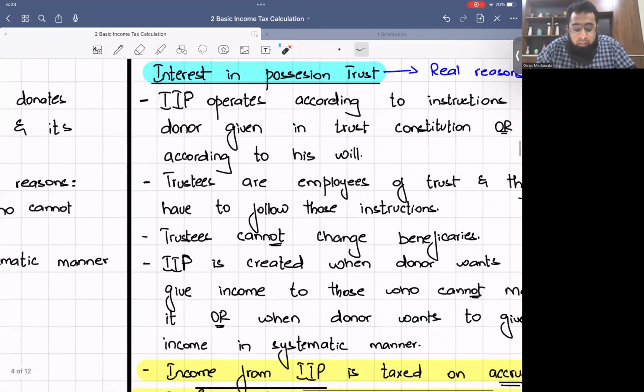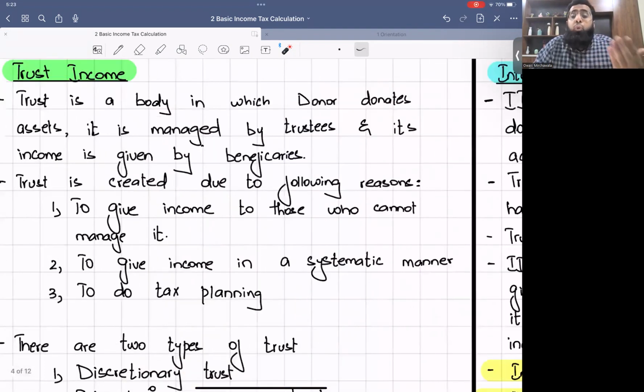So there are three reasons: to give income to those who cannot manage it, like for example, small children in the family, or if you think that your family will not be able to manage the business, so you can create a trust and that business will be managed by the trustees and its income will be given to your family as a beneficiary, or to give income in a systematic manner. And the third reason was to do income tax planning.